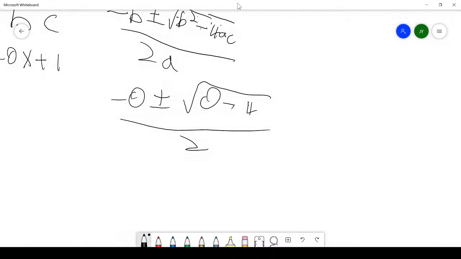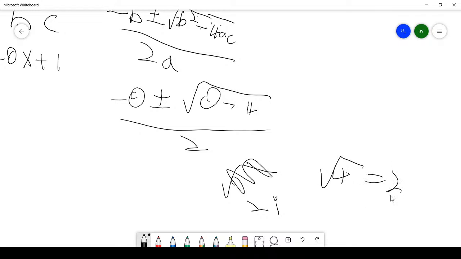The answer becomes the square root of negative 4, which is equal to 2i, because the square root of 4 is equal to 2 and the square root of negative 1 is equal to i. So it becomes 2i over 2, so it just becomes plus or minus i.